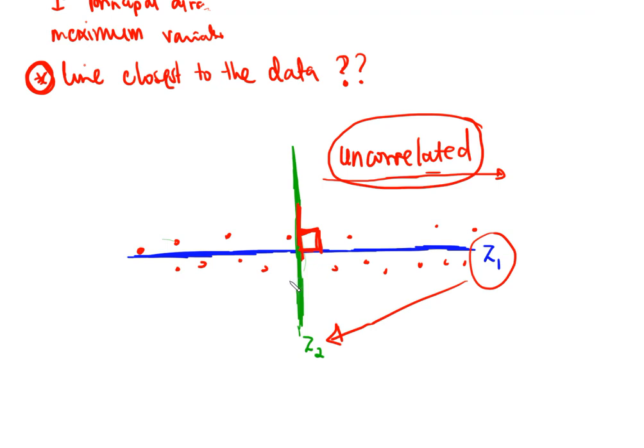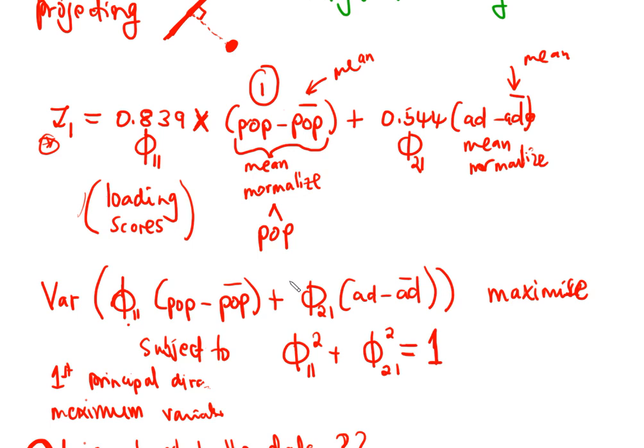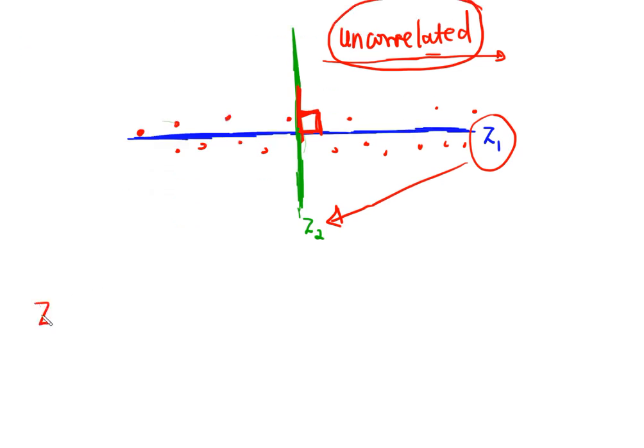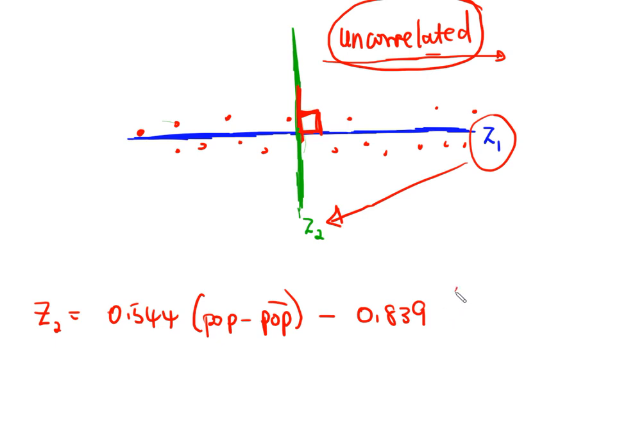So in our case, with the z1 that we had here, our z2 can be written as something like this: 0.554 pop minus 0.839 pop. This line is perpendicular to the original z1 that we had, right?